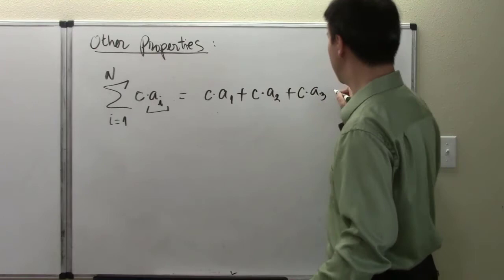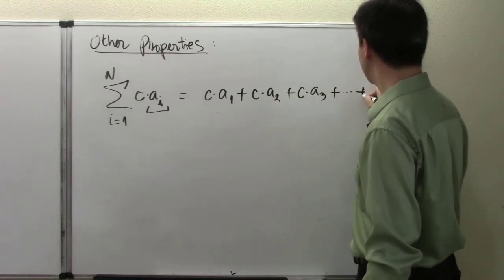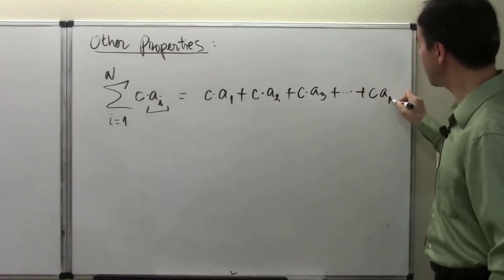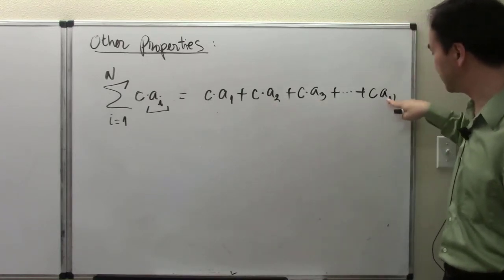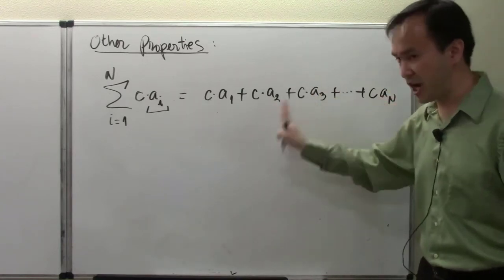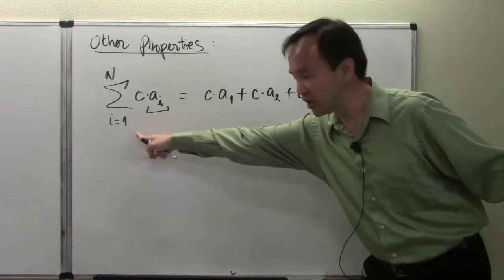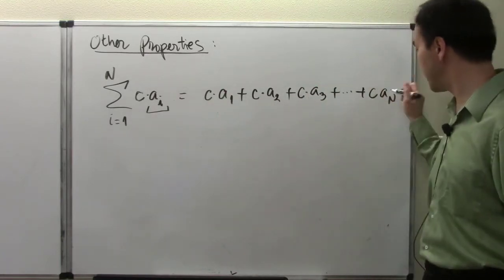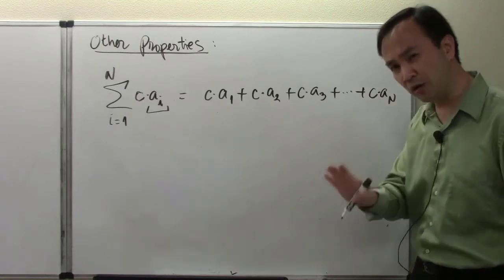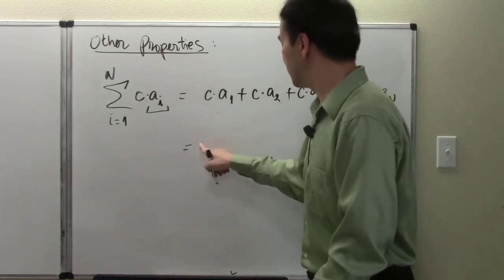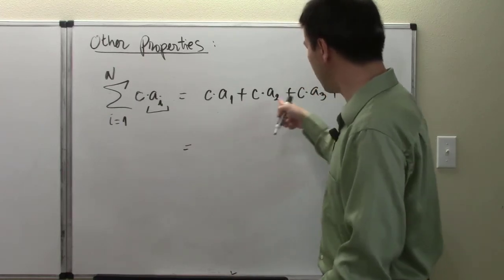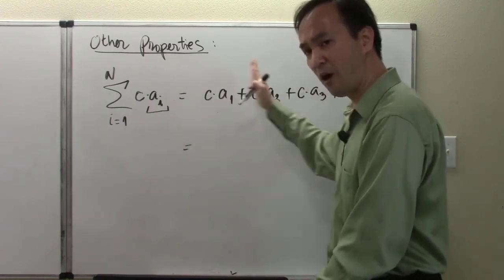So we keep adding until we reach the last term, an. The a sub i part is where the value changes depending on your index position, but the constant coefficient c remains the same. So think about it: isn't it obvious that c now becomes the common factor throughout all of these terms?